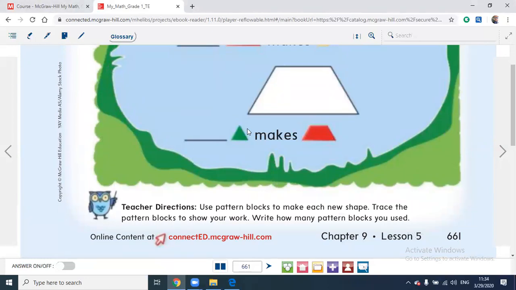How many triangles do we use to make this trapezoid? You can draw lines inside the shape to see how many shapes form it. Yes, 3 maybe.